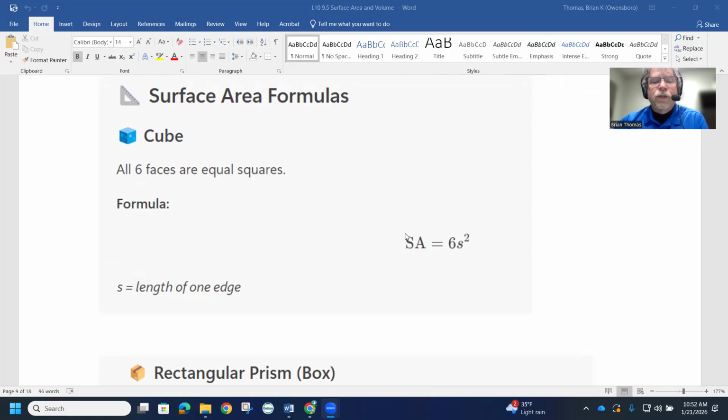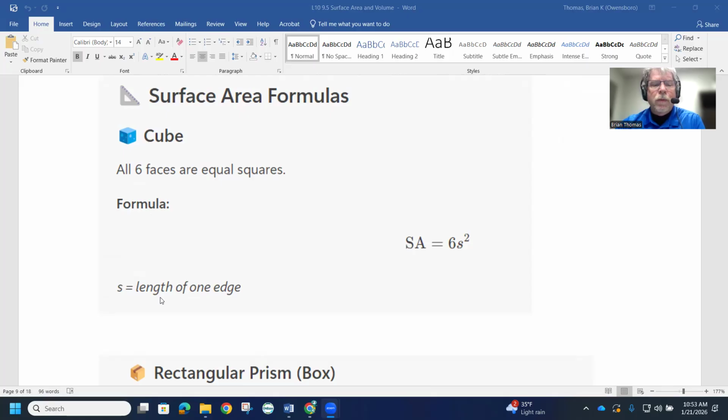Some of these may make sense to you without actually having to memorize the formulas. They're saying s represents the length of one edge. Notice that if we're talking about a square, we would call it a side. But when we're talking about surfaces, a side is actually like a face and an edge is more like a point-to-point distance.